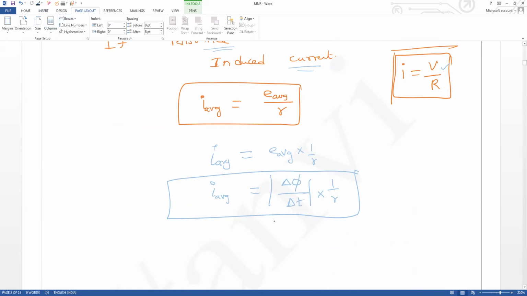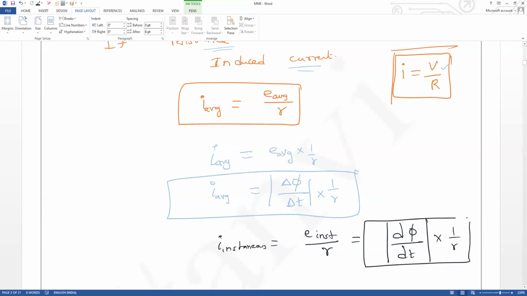In the same way, at that instantaneous moment, the current generated is E instant divided by R. E instant is d phi by dt, into 1 by R. Is it okay, everybody? So this is only Faraday's second law.